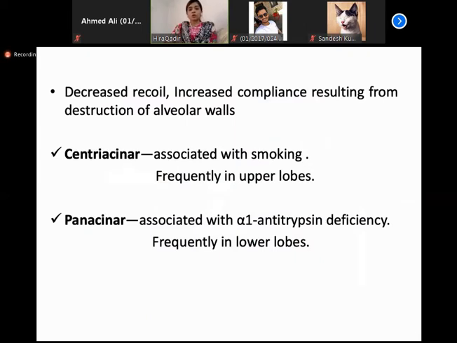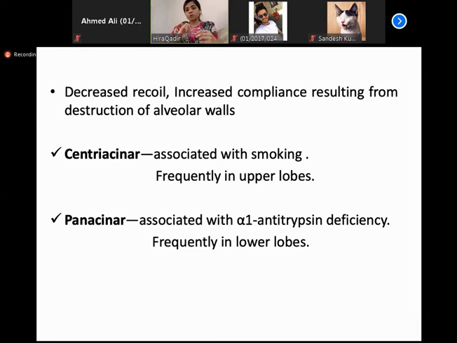Whenever there is destruction of the alveolar wall, what happens? There is decreased recoil of the lung and increased compliance. What is compliance? Compliance is the change in volume for a given change in pressure. Compliance means how easily you inflate the lung. For example, the lung is like a balloon.